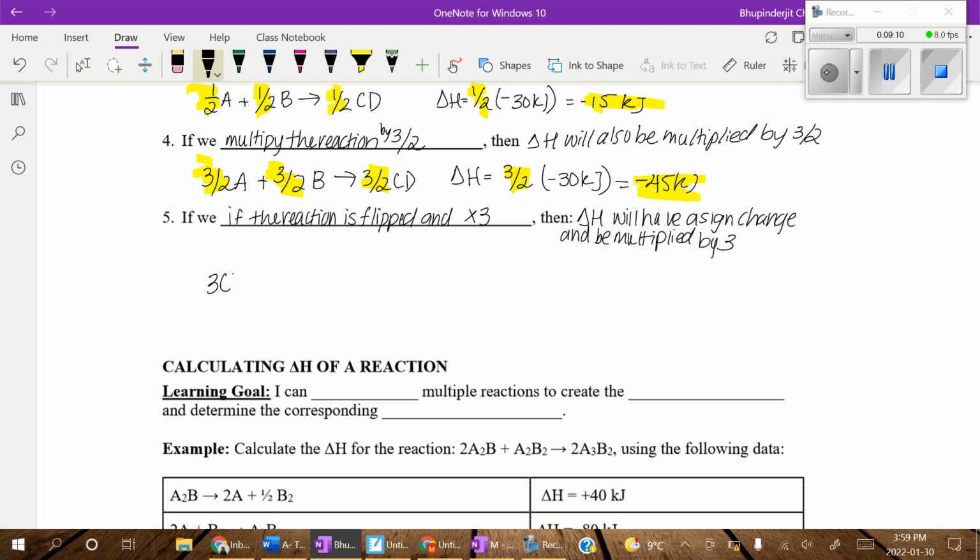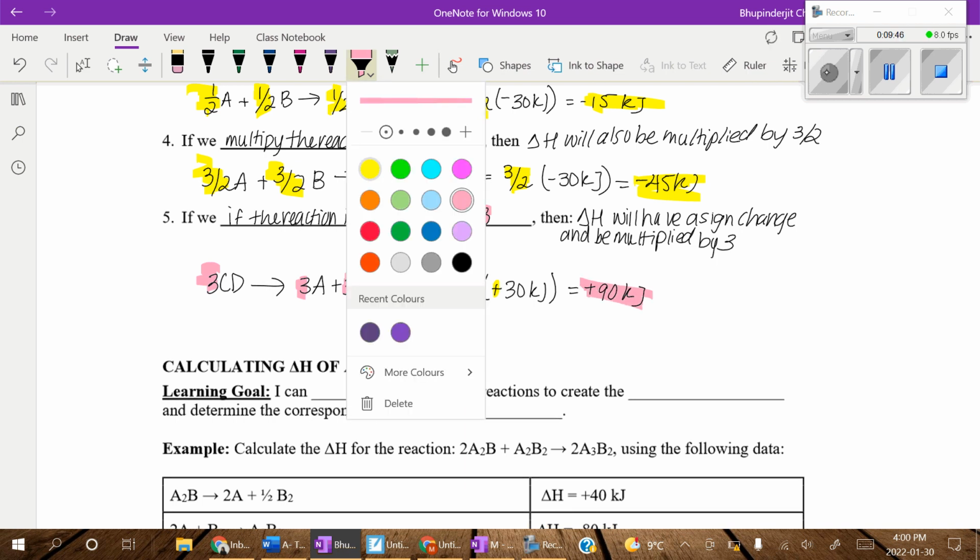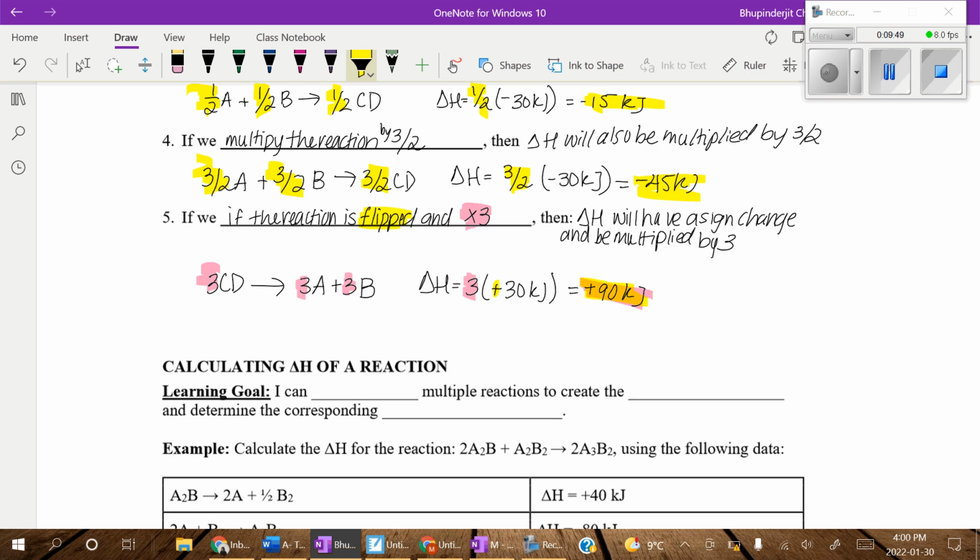So we're going to have 3CD going to 3A plus 3B. Our delta H is going to be 3 times positive 30, which gives me positive 90 kilojoules. That positive is coming from the flip, and then the multiply by 3 is there, which will give us our new value of 90 for our delta H.